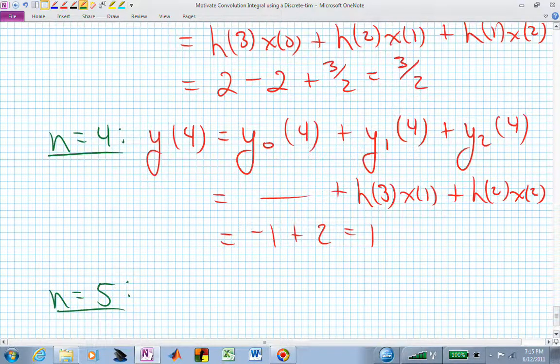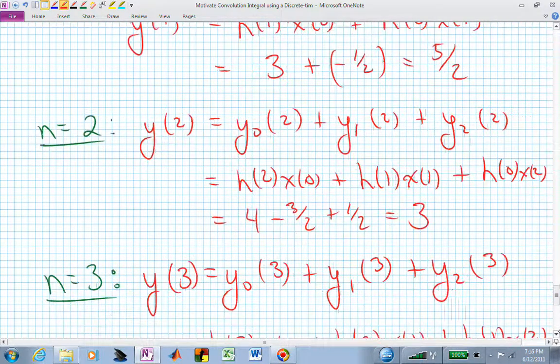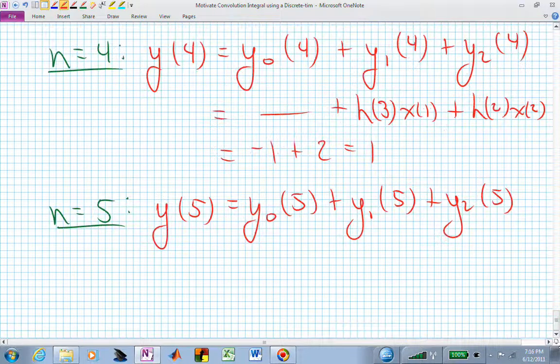components that are producing an output response. We now are wanting to find what is the last piece of this output response. In general, we have y sub 0 of 5 plus y sub 1 of 5 plus y sub 2 of 5. But at time n equal 5, we're 5 beyond n equals 0, we're 4 beyond n equal 1, and so those two components have already contributed all they're going to apply.